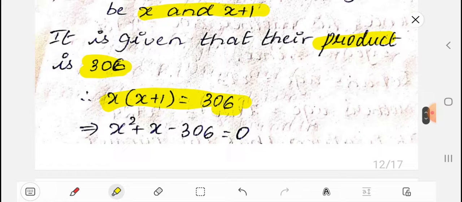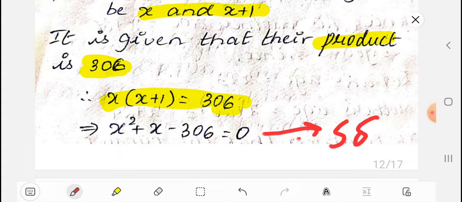Removing the bracket and getting 306 to the LHS, we get x square plus x minus 306 equals 0, which is the required solution. Okay.